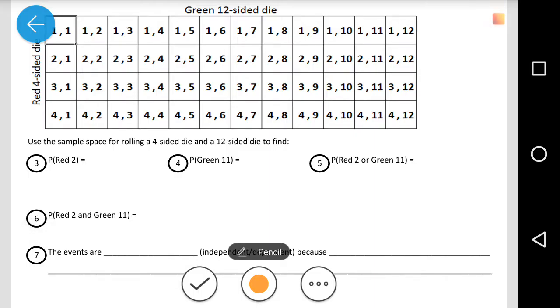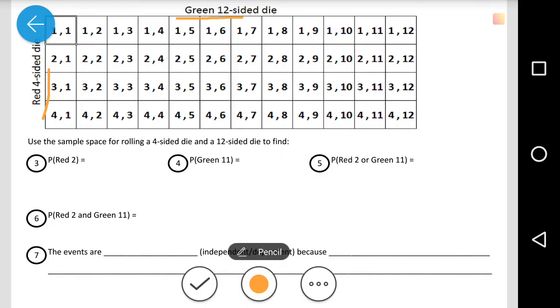Problems 3 through 7 call for you to use the sample space that I gave you. The sample space shows the probability of rolling a red 4-sided die and a green 12-sided die. For each possible number on the red die, there are 12 possibilities on the green die.